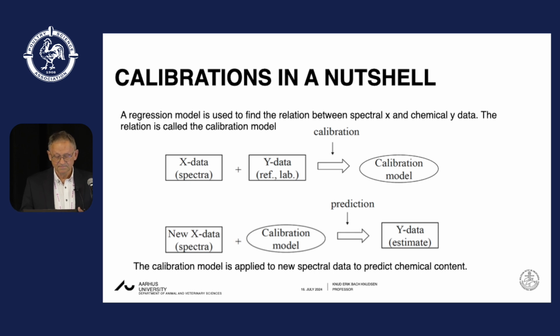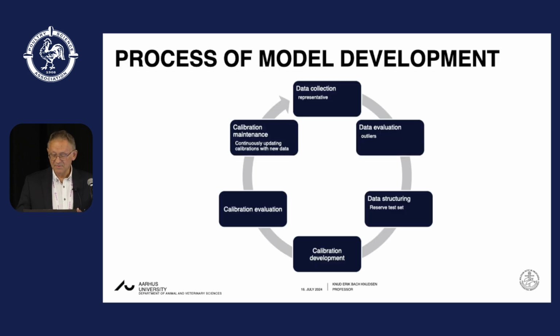Then you have a separate set of data collected in an independent database, where you use the calibration model to make a prediction, which can be compared to what you have from your analytical methods.